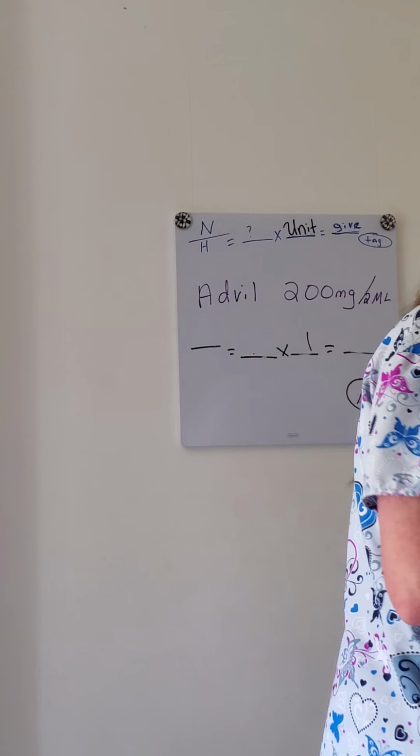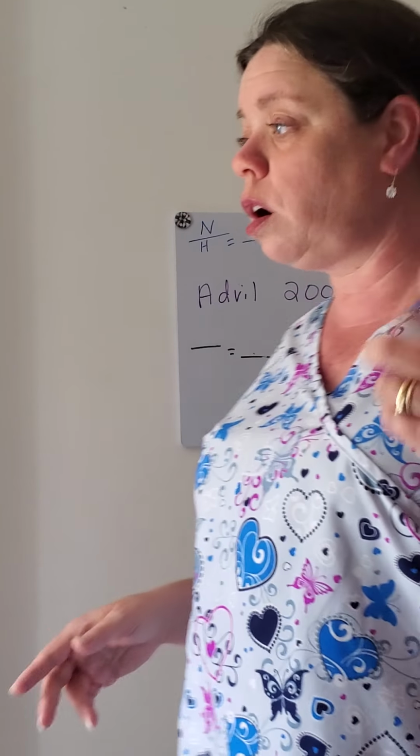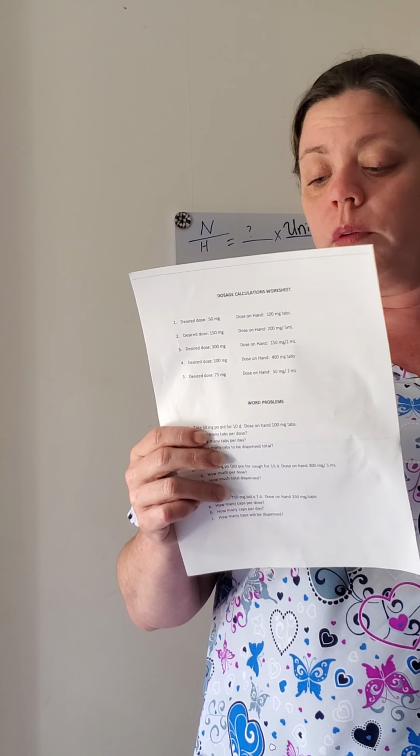So I hope that makes it easier for you to now continue working on that dosage calculation worksheet. The rest of them are word problems, and they are asking for a lot more information. You don't have to go that far yet. That's going to be the next video, where we talk about the multiple doses a day and over a time frame. However, you could start with how many tabs per dose, how much per dose, how many caps per dose, because that's only 1 dose.